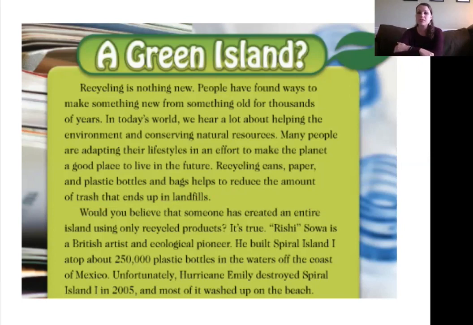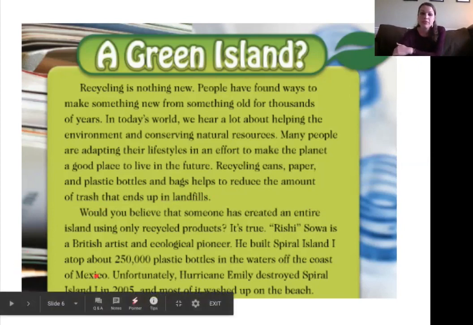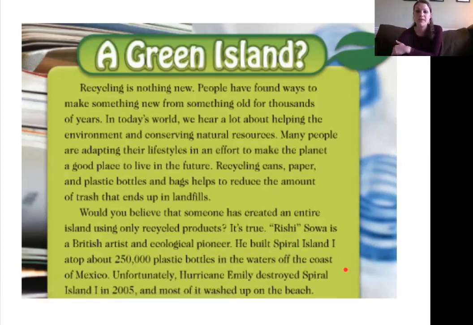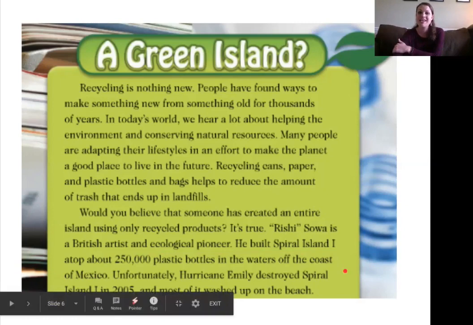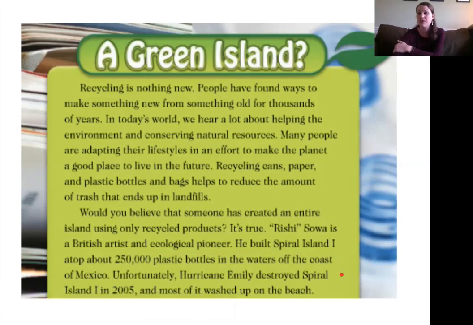So Soa's great idea was able to take 250,000 plastic bottles and get them to be used for something useful, rather than just end up in landfills. However, he encountered a unique problem to his solution. The Spiral Island was actually destroyed from a hurricane.